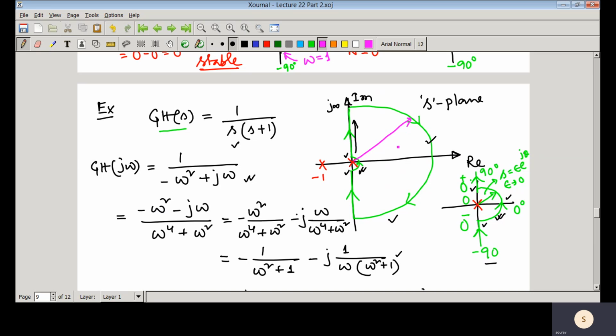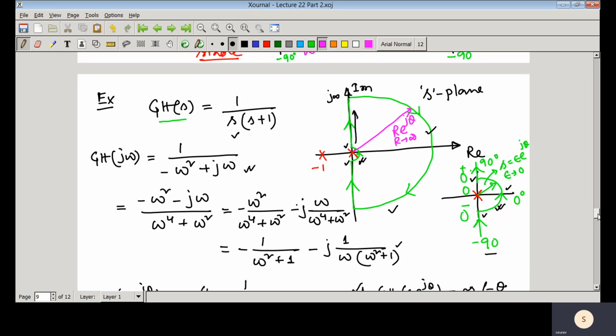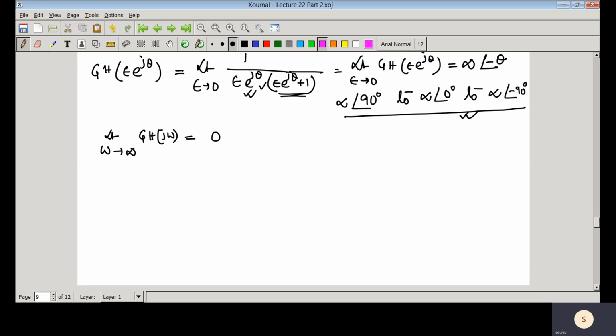This is capital R e to the power j theta, and capital R is tending to infinity. So s equal to R e to the power j theta; just replace with that. So G H at R e to the power j theta: if you replace with that, what will you get? You will get R e to the power j theta times R e to the power j theta plus 1.